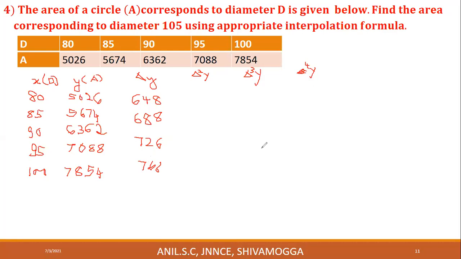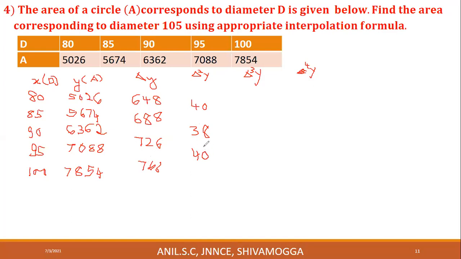Similarly, write second order, third order, and fourth order differences. Second order differences are 40, 38, and 40. Compare with what you obtained. Are these values correct?